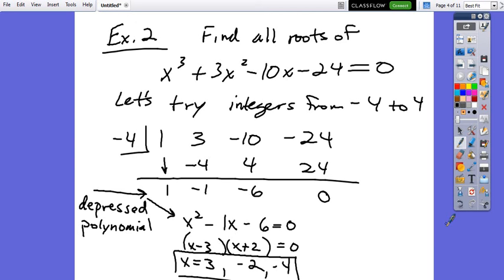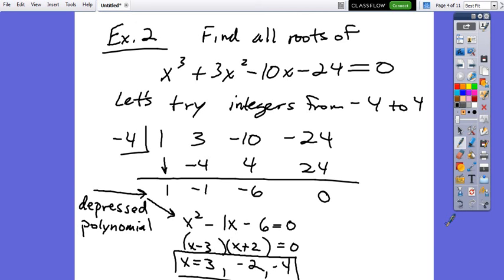I have no idea what the roots are, so I'm just going to choose some small integers and see if they might possibly work. Well, guess what? I guessed really good. Negative 4, and I got it from the book, okay? Negative 4 works out. So we see that negative 4 is a solution because when I do synthetic division, the remainder is 0.